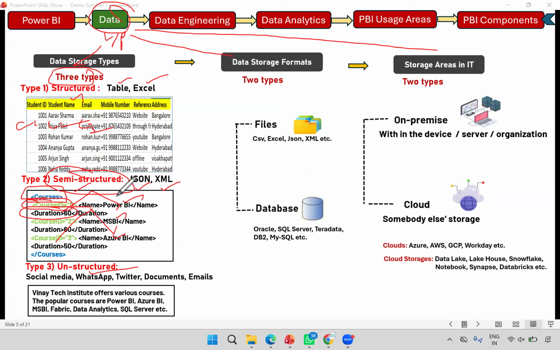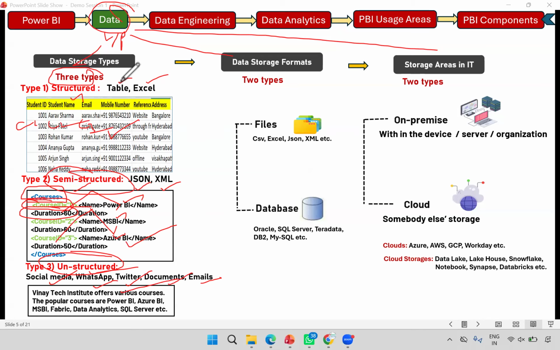It supports semi-structured: partly structured, some structure and some data. And no structure at all is unstructured: your social media messages, WhatsApp messages, Twitter messages, documents, email, where we follow no structure. So they come under unstructured. Knowingly or unknowingly, we are all working with structured, semi-structured and unstructured data.